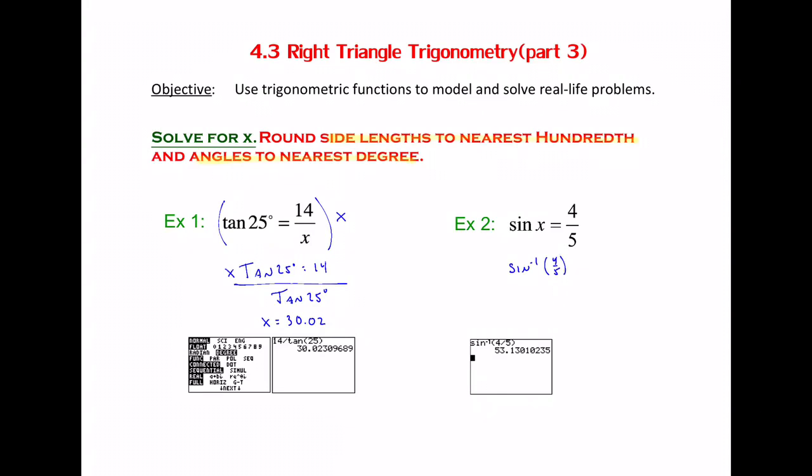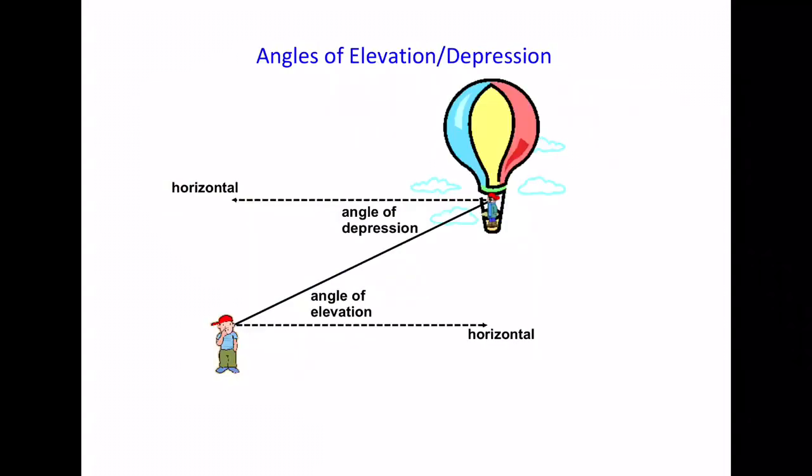So you're working backwards, and you want to know what angle gives you the ratio 4/5. Since we're looking for a degree, x is equal to 53.13, but we're rounding to the nearest degree, so that's 53 degrees.